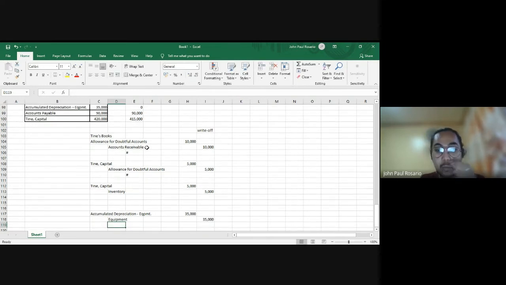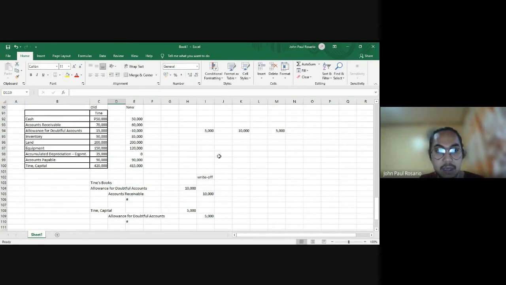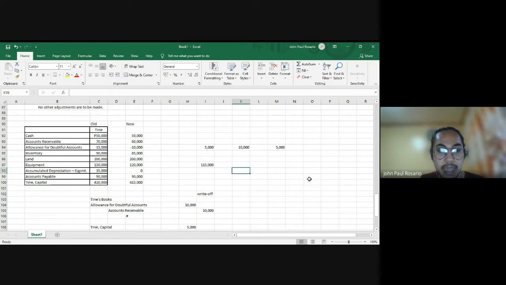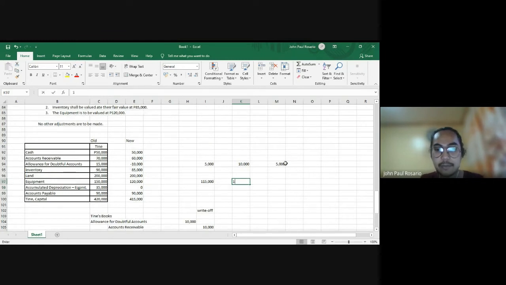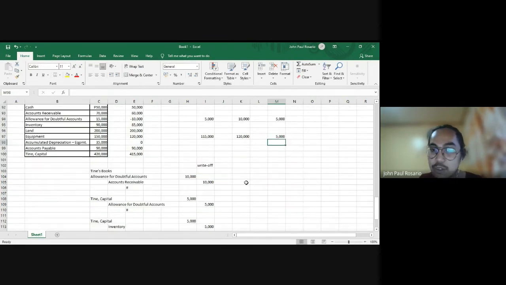Now, when we reduce equipment by 35,000, the 150,000 becomes 115,000. So the value is only 115,000, but the agreed value should be at 120,000. So with that, we have to increase our equipment by 5,000.